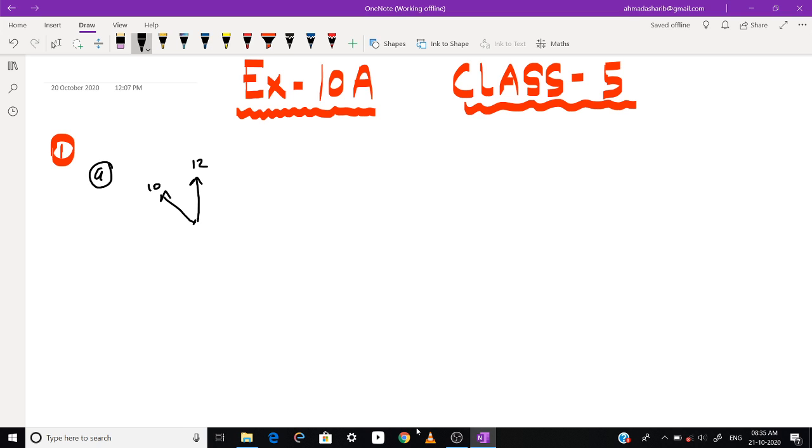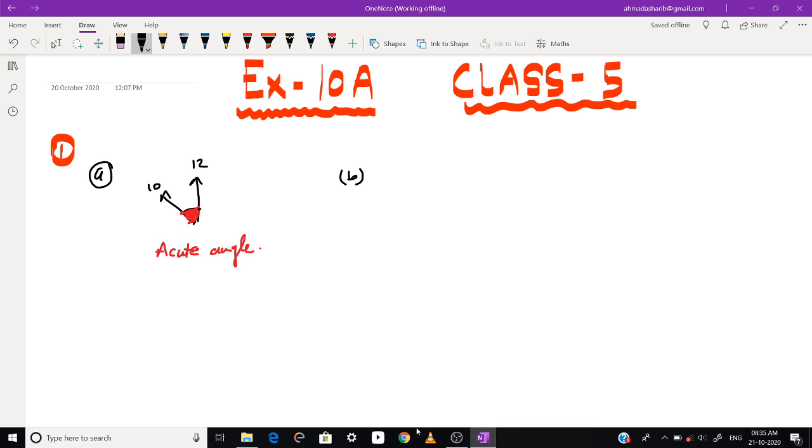So this is the angle which the question is talking about. So what kind of angle is this? So we can see here that this angle is less than 90. Okay, and the angle less than 90 is called acute angle. Okay, question number 2.